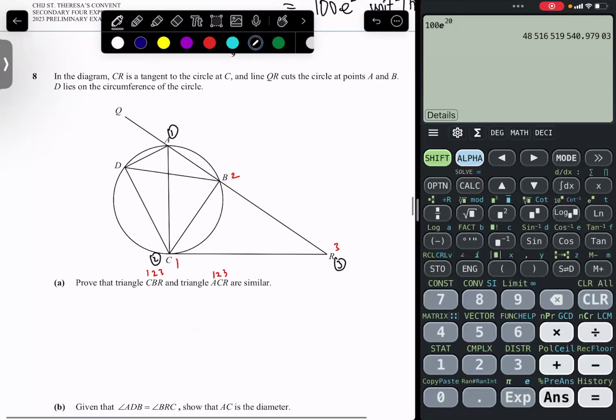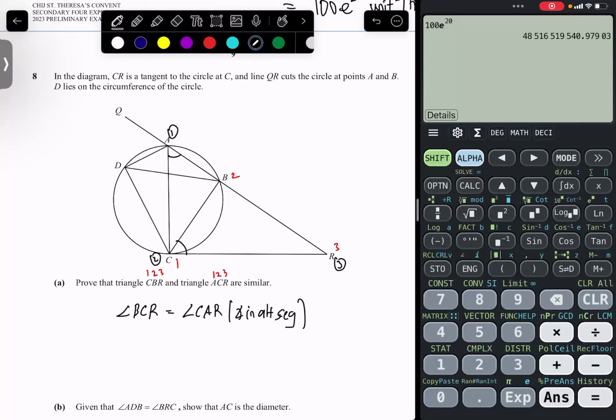The first thing that we can have is angle BCR equals angle CAR, because of angles in the alternate segment. So that's one proof. What else?